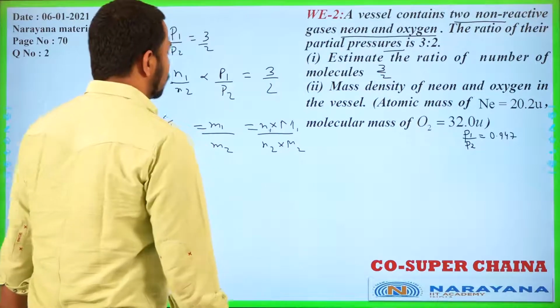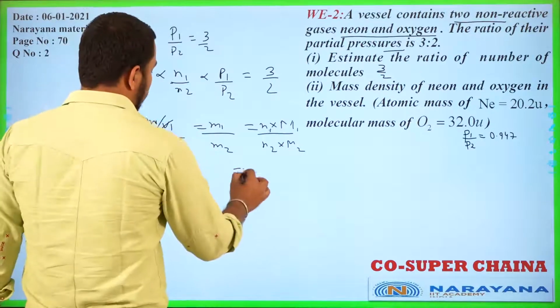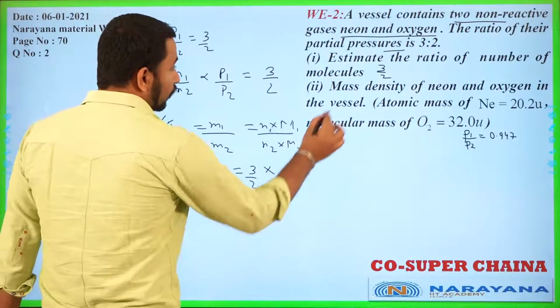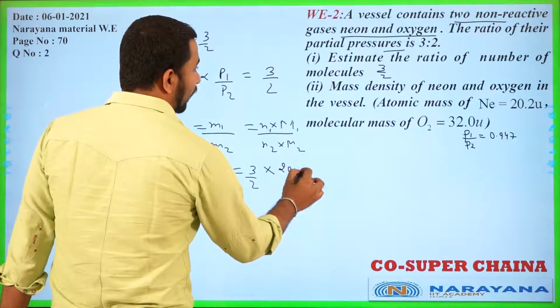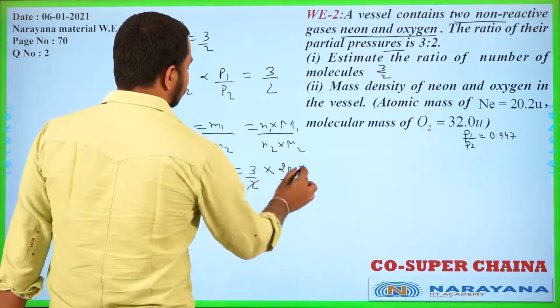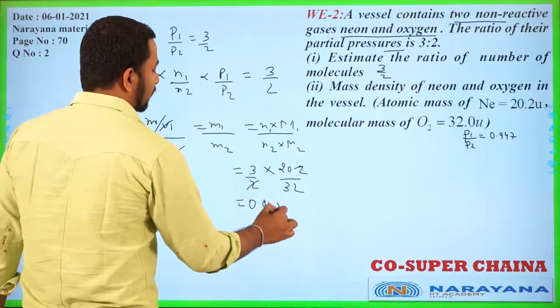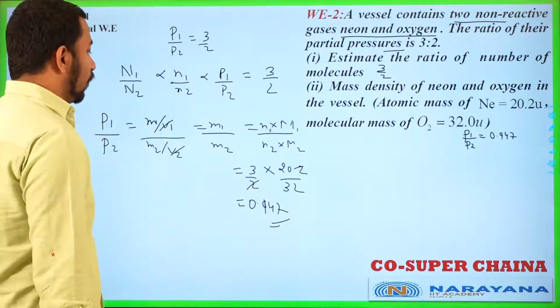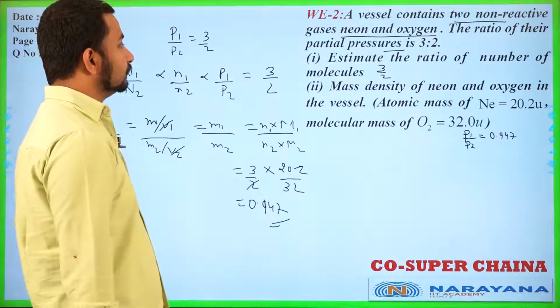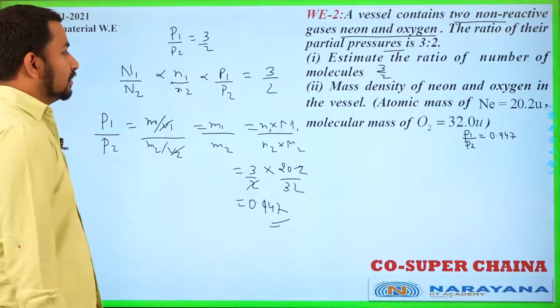If you substitute the values, you will get 3 by 2 into 20.2 by 32. If you approximate it, it will be coming around 0.947, and that will be the answer of this question.